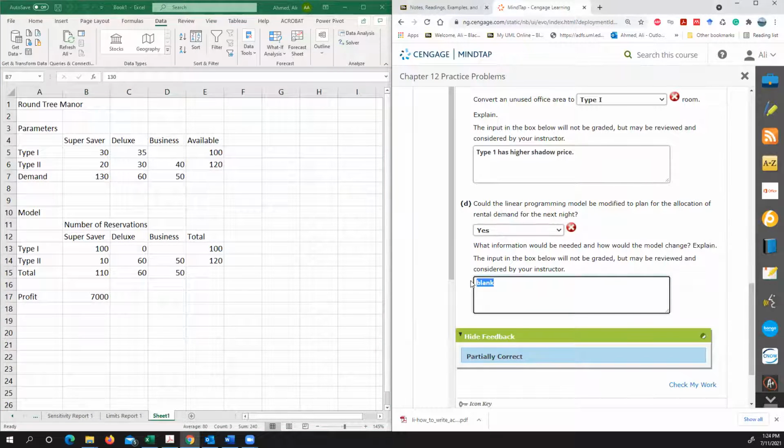You can write here that we need each rental class.